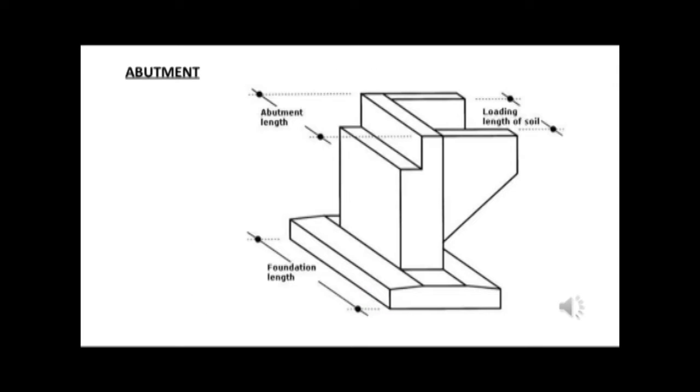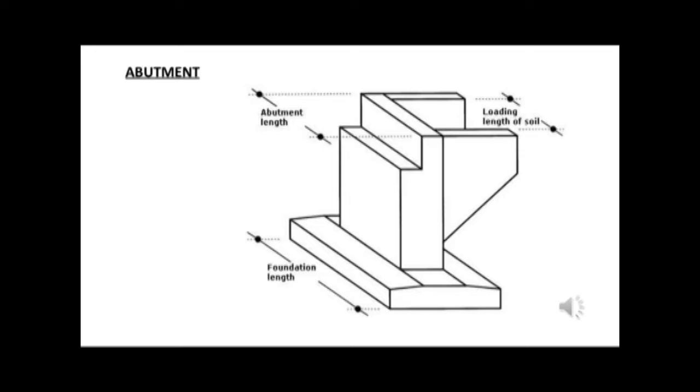Now on slide number 33, we are seeing a 3D image of an abutment. What are abutments? They are the end supports, mostly provided to support the lateral pressure at the ends.